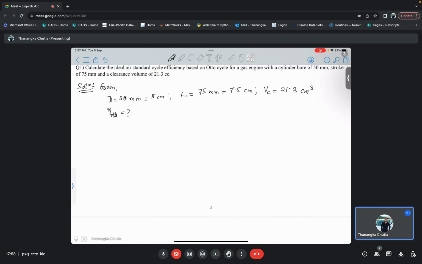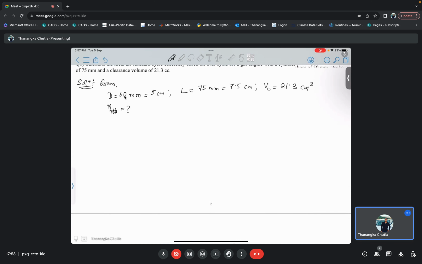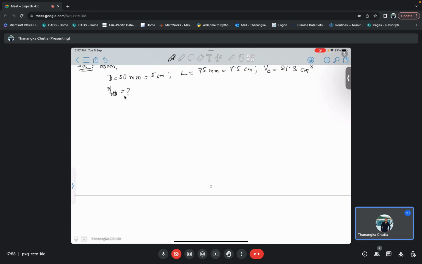For that, what we require is the formula for calculating the efficiency of an Otto cycle. So how will we calculate it? First of all, let us look at how an Otto cycle looks.